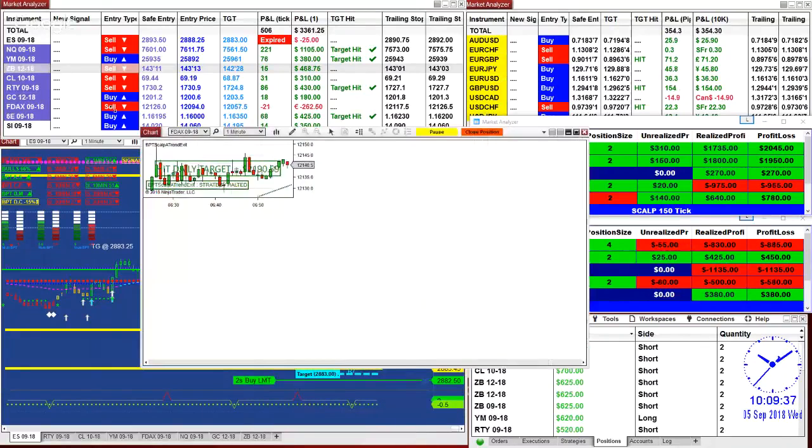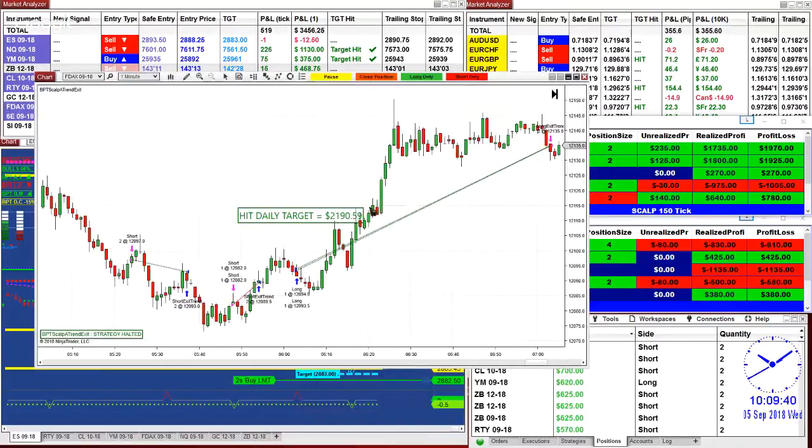I don't have a daily target of 2,000. What I have is a daily target of 1,000. With the auto trade, whether your daily target is 1,000 or 500 is irrelevant. If your target is 500 or 1,000, if you catch that trend with the auto trade, and the market is going in your favor, it's not going to stop at 500, and it's not going to stop at 1,000 or 2,000 if this market is trending.